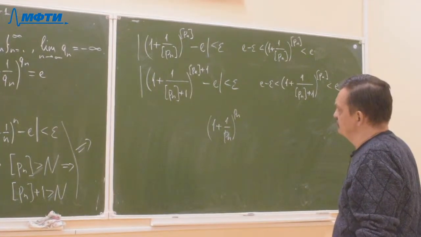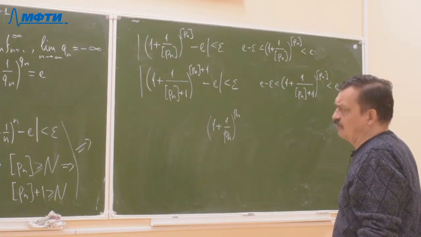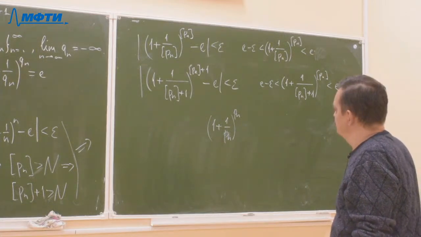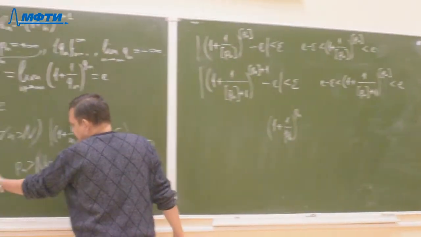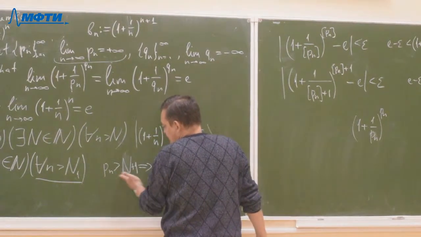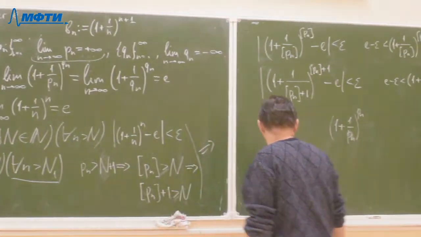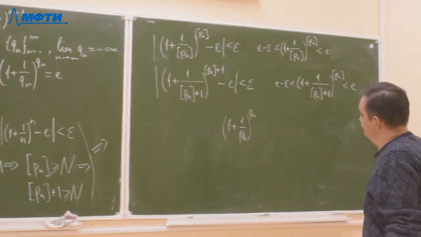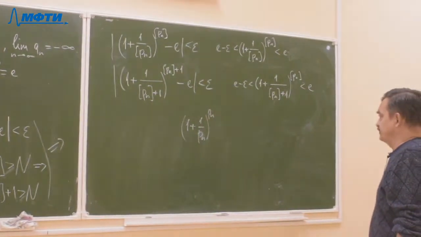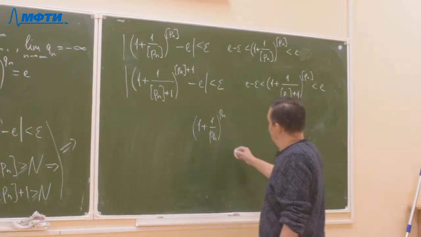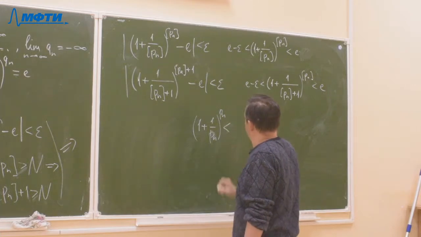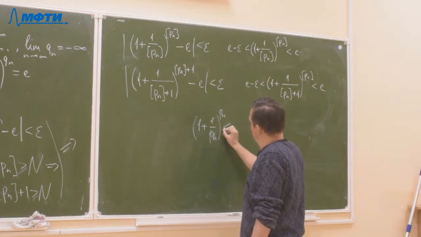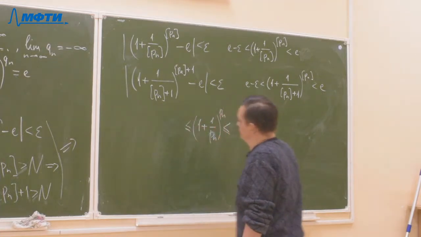So I'll use only numbers n sufficiently large, so n greater than capital N1, so Pn is positive for sure, right? Then we have such estimates. So I'll need, in fact, estimates to both sides, to the left and to the right.